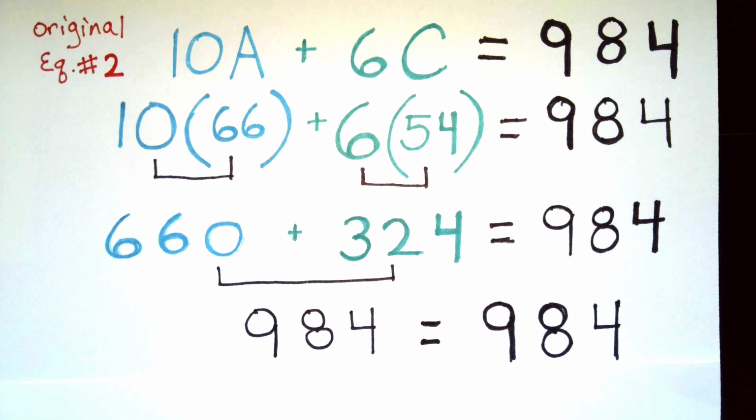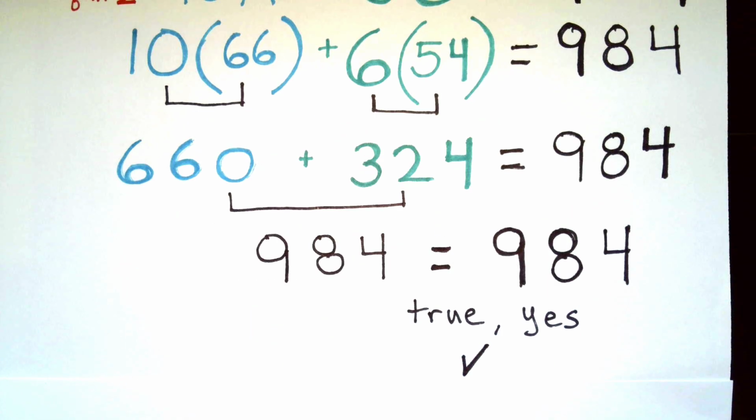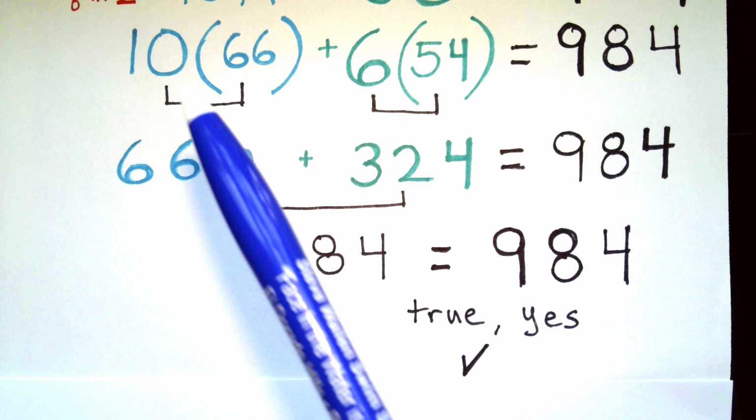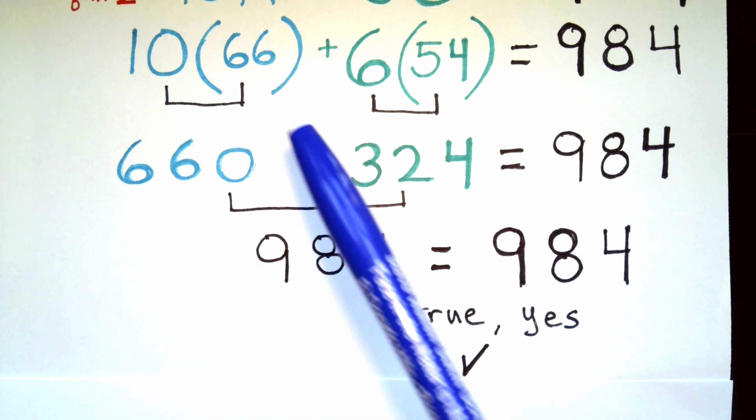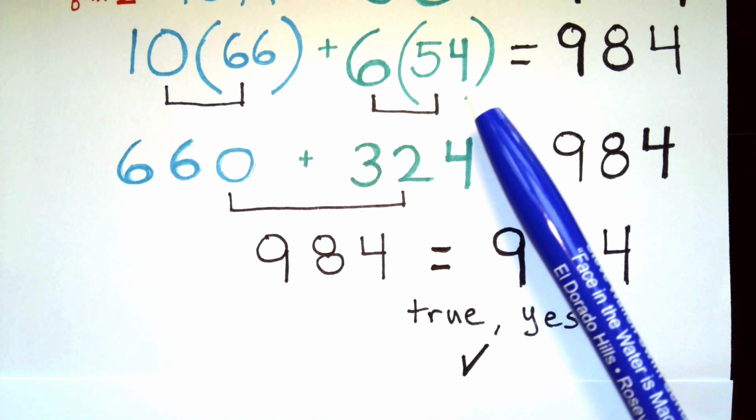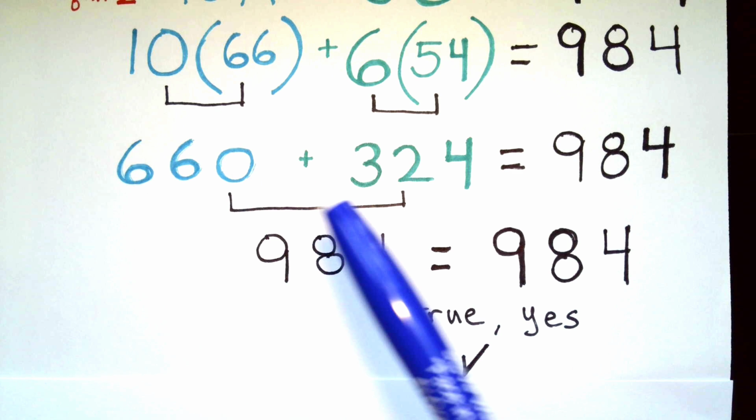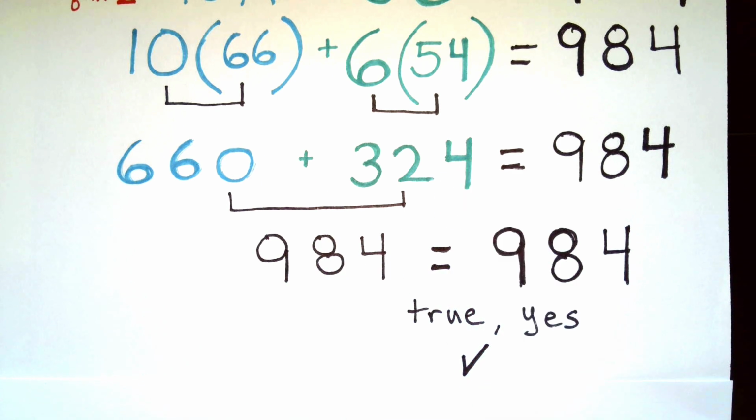Is that a true statement? Absolutely, this is a true statement. 984 equals 984. So the answer, A equals 66, C equals 54. So 66 adult tickets and 54 children's tickets. That is our solution and our answer.